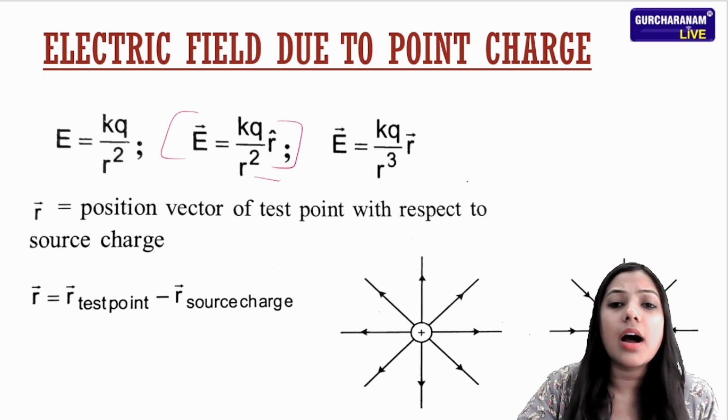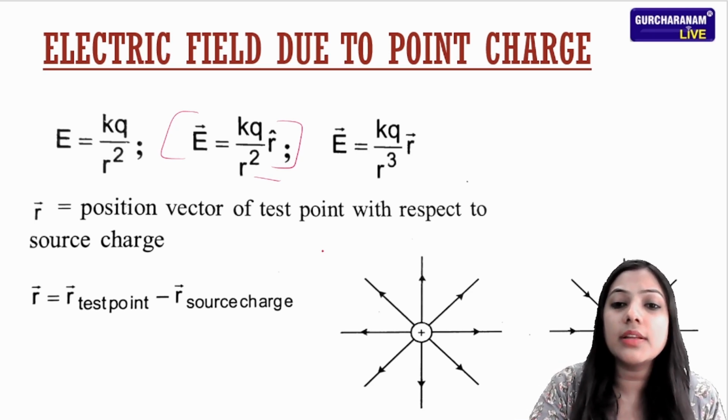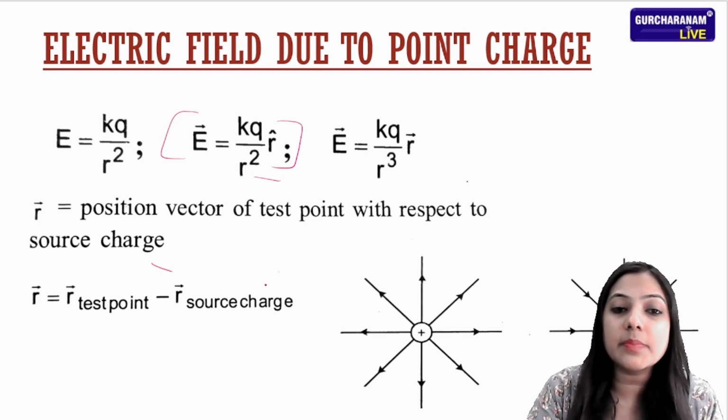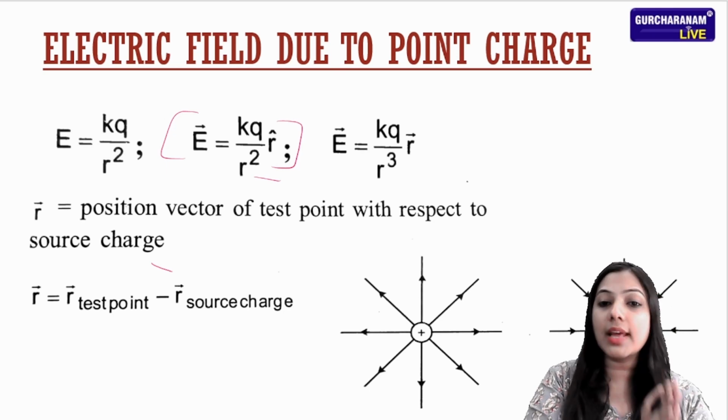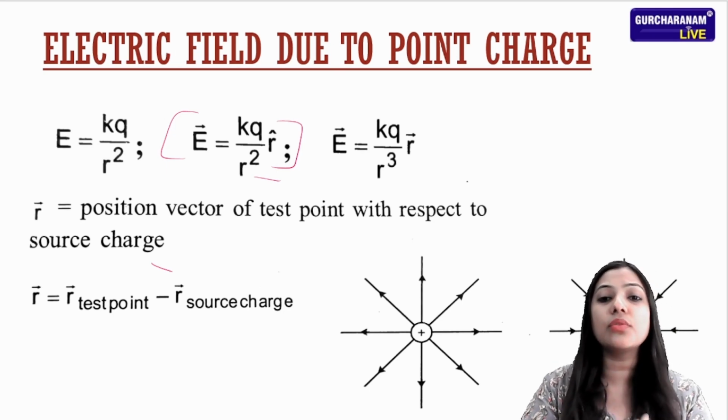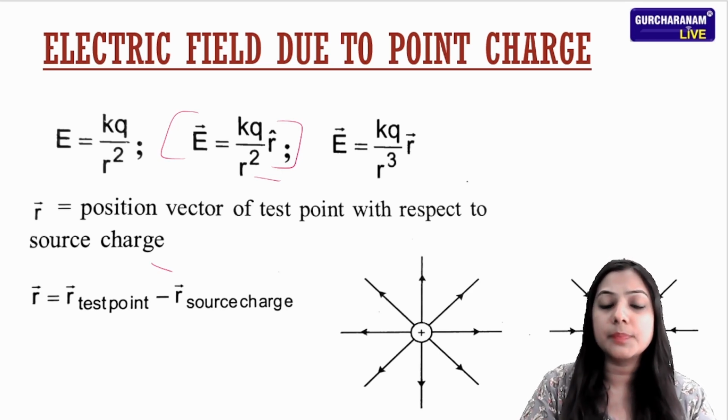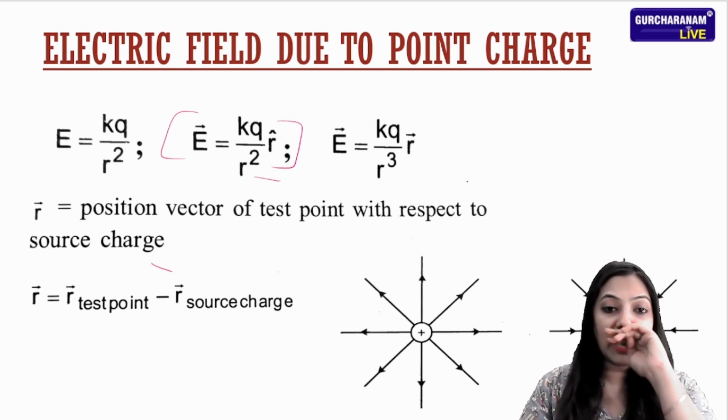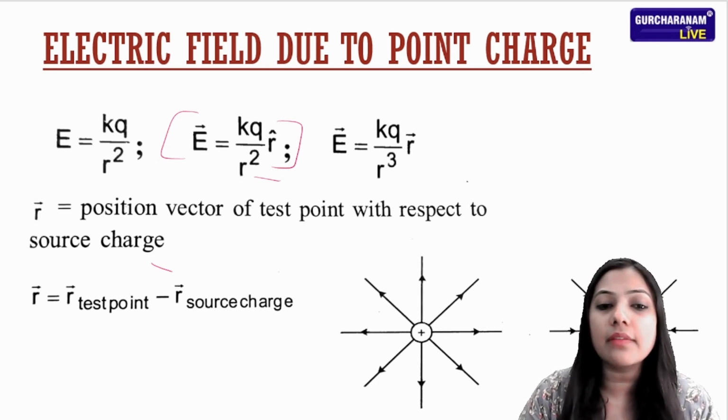Here r vector represents the position vector of the test point with respect to the source charge. Okay, what does r vector represent? The position vector of the test point with respect to the source charge. And how to find r vector? We know the values of k, q upon r cube. r is the distance, q is the charge, k is the constant. But r vector, how do we find it?